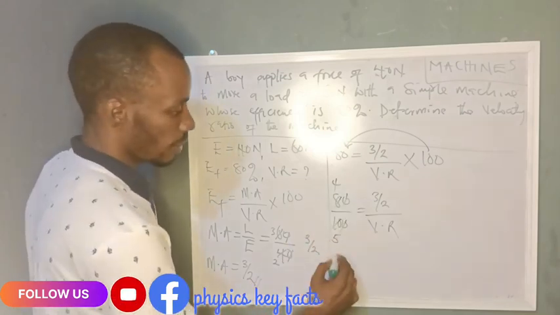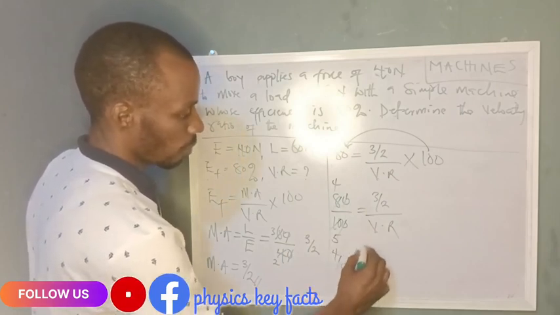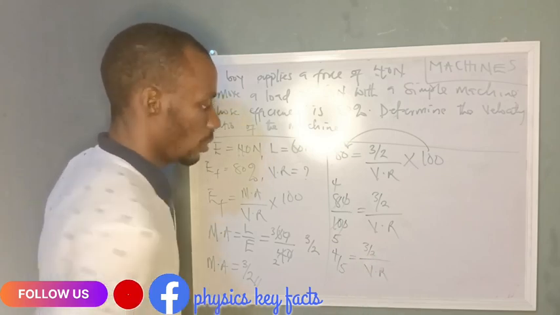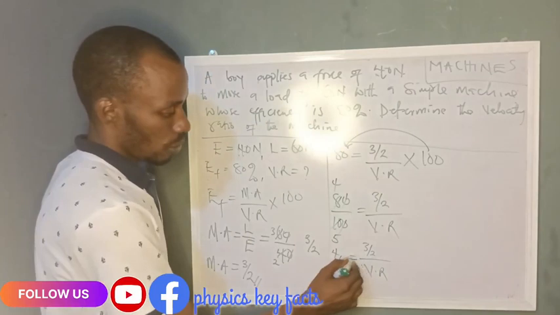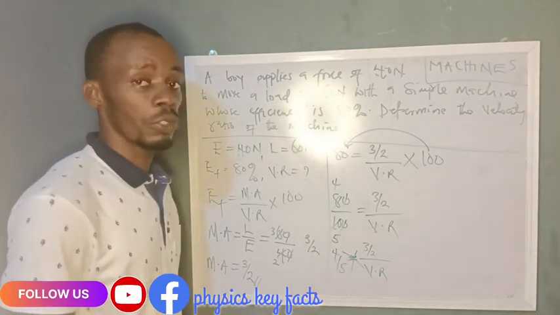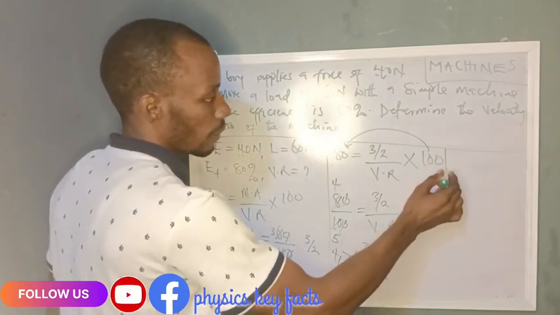So I will have that 4 over 5 is equal to 3 over 2 all over velocity ratio. If I cross multiply, I'm going to make velocity ratio the subject of the formula. So let me divide this board further.